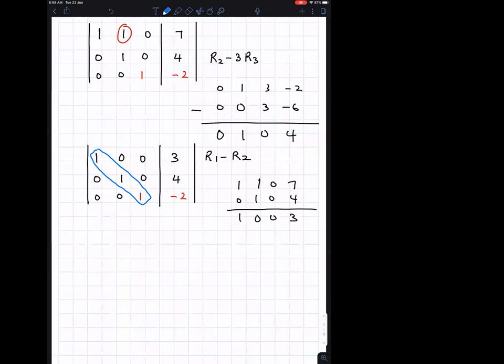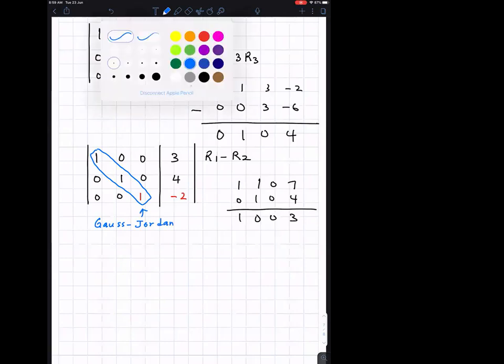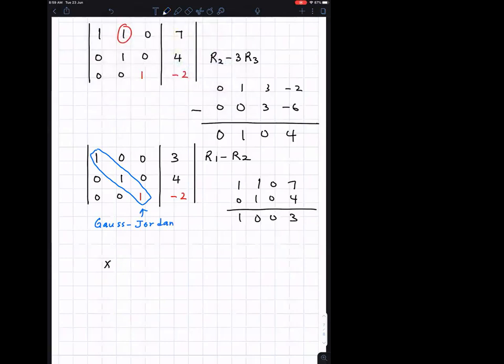Then it is in Gauss-Jordan format. So now we can conclude x is 3, y is 4, and z is minus 2.